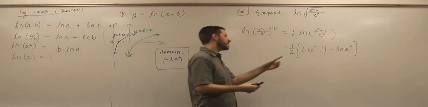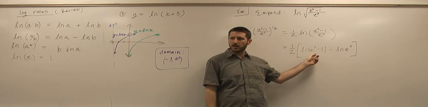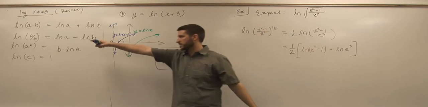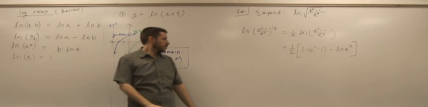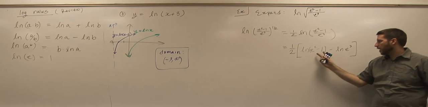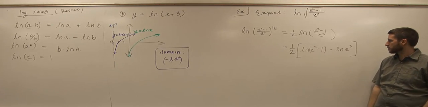Can I break up this ln of e squared minus 1? Make this ln of e squared minus ln of 1? No. You can't do anything with logs unless it's one of your log rules. I could factor this and break it up that way, but that's about all I can do.